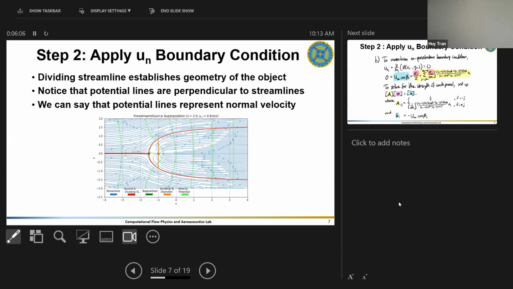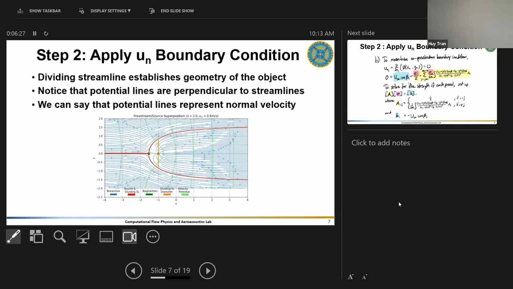So what makes the phi value unique is that all of your velocity potential lines are perpendicular to your streamlines. That's their whole dynamic. Streamlines show the flow, and velocity potentials are perpendicular to that.